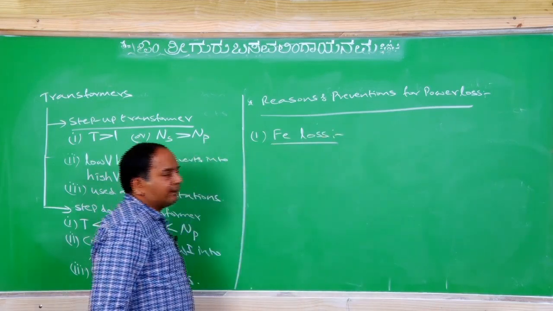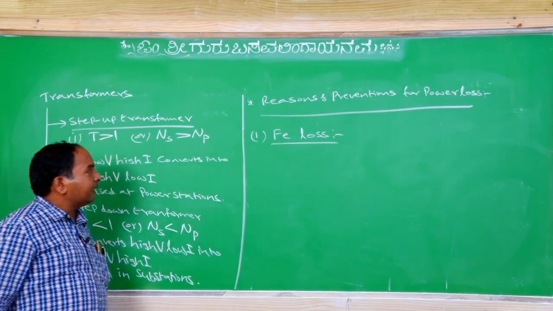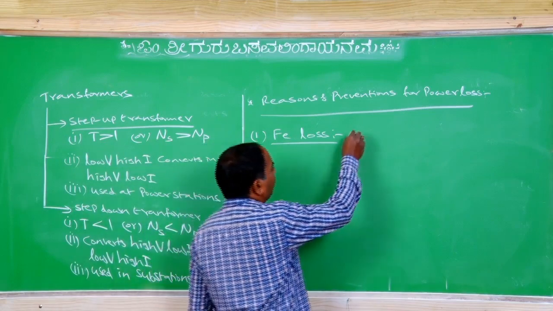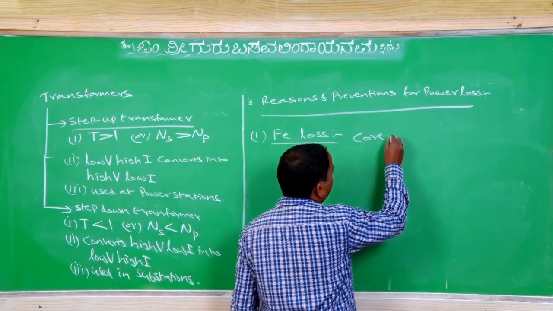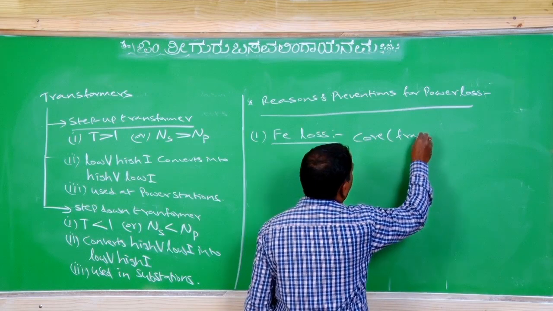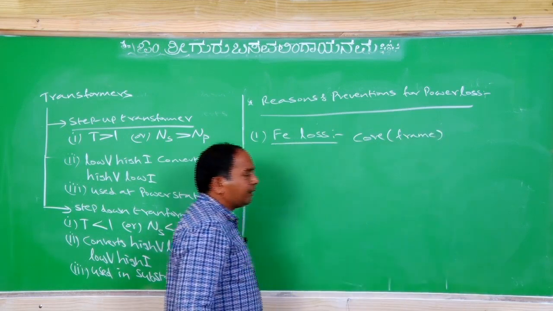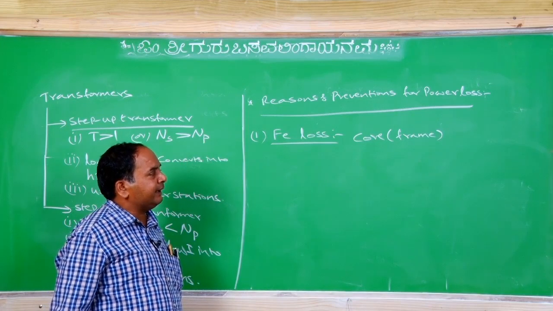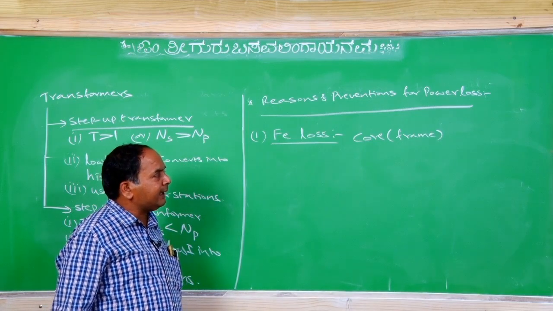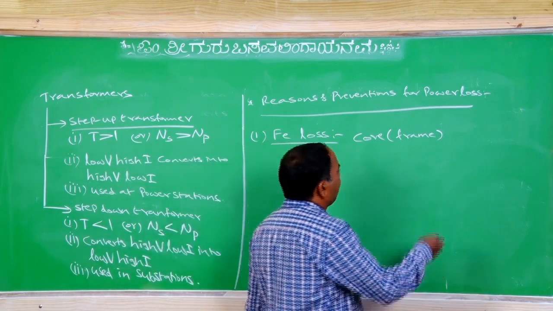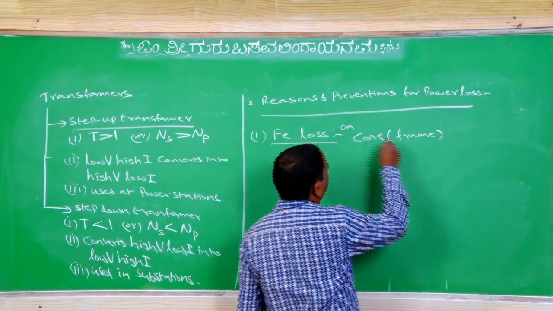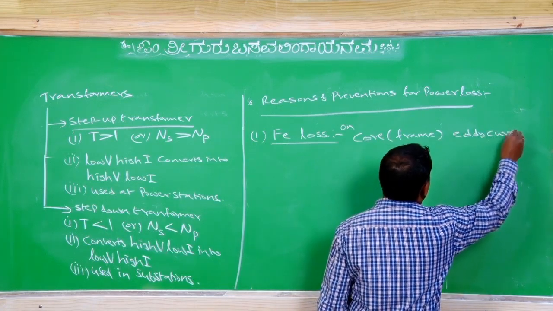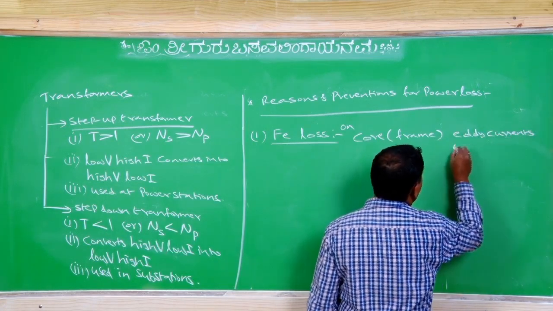Due to iron loss. In a transformer, where is the iron? The laminated core, the rectangular core or frame, is made of iron. When electric energy leaks into the core, eddy currents will form.